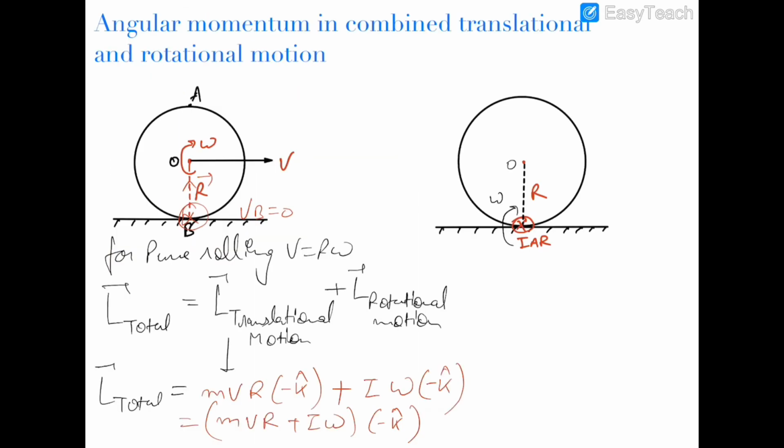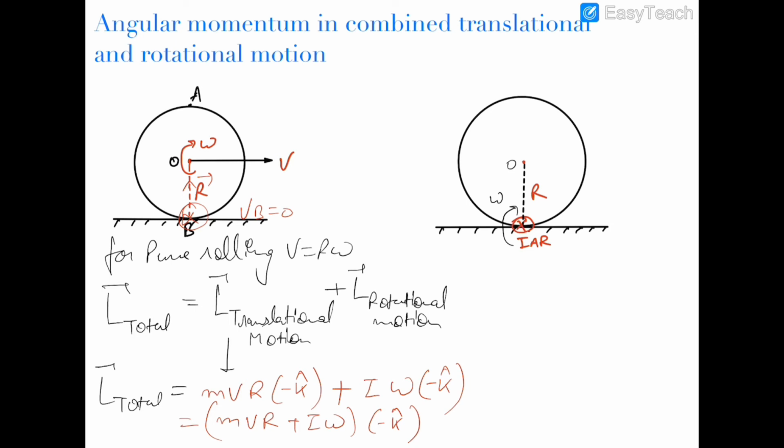Okay, now let's find this angular momentum by using the concept of instantaneous axis of rotation. If we remember the instantaneous axis of rotation, we can always reduce both translational and rotational motions into only rotational motion about IAR.